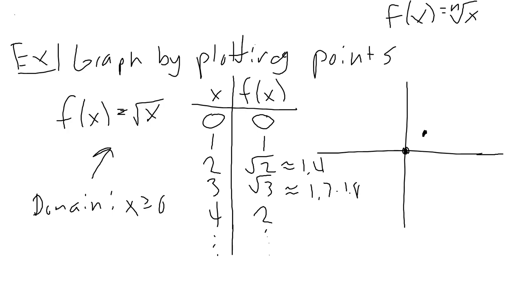So you get 1, 1, and then 2, and then 1.4 or something, and then 3. And so we see that the graph is kind of flattening out. 4, 2, so if we drew a curve through it, it looks something like that. And that is roughly what the square root function looks like.